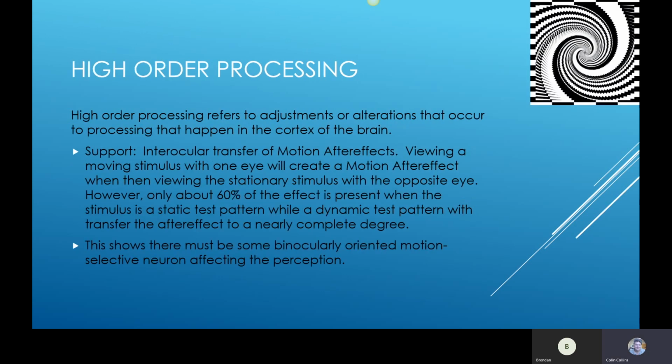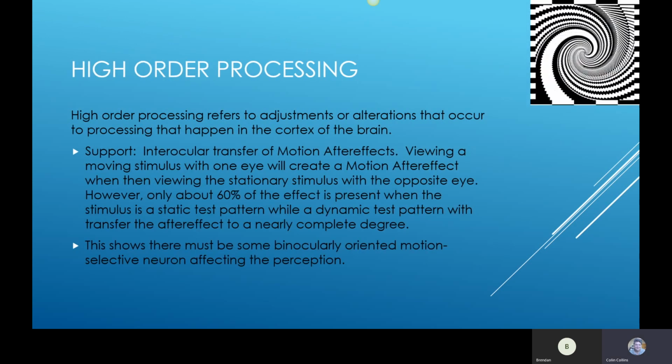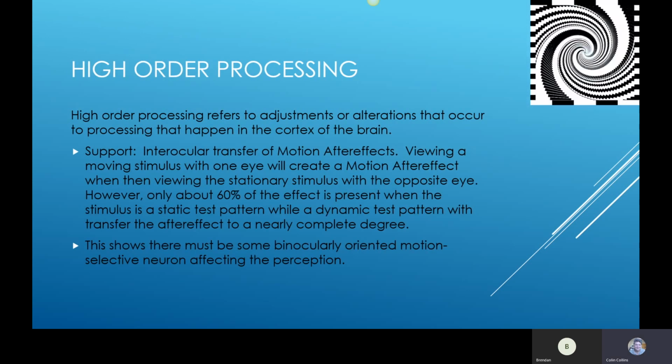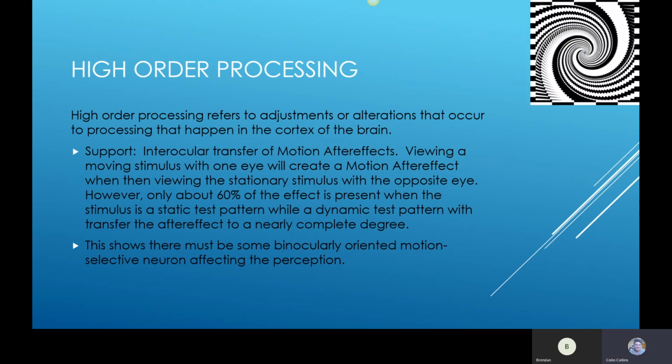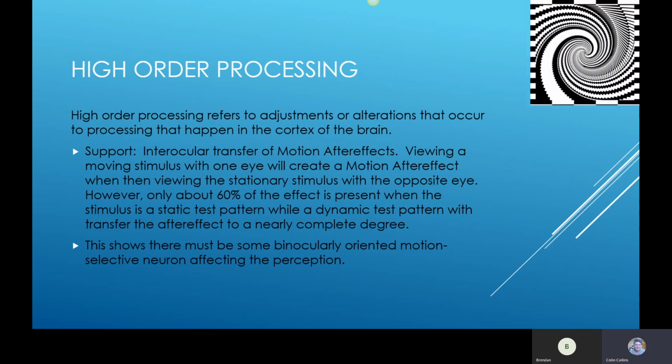But there's also evidence supporting higher order processing, or adjustments or alterations to perception occurring in the cortex of the brain. Now, some support in particular lies in interocular transfer of motion after effects.